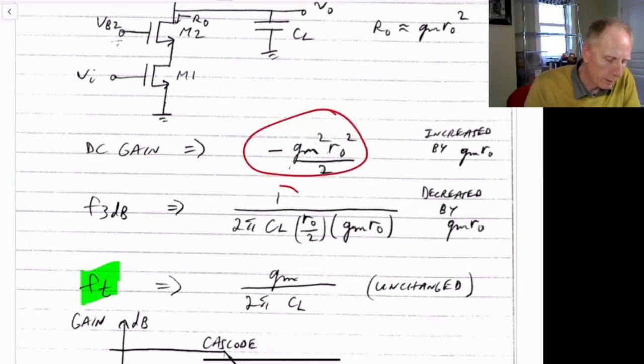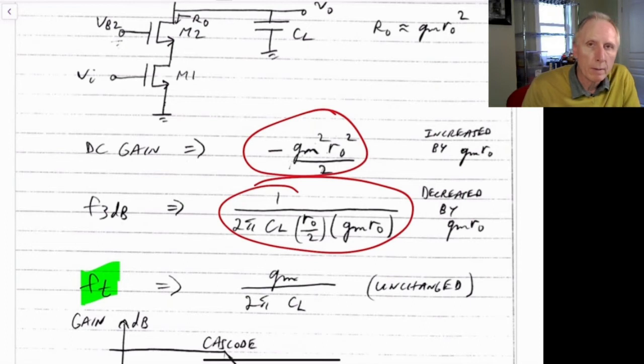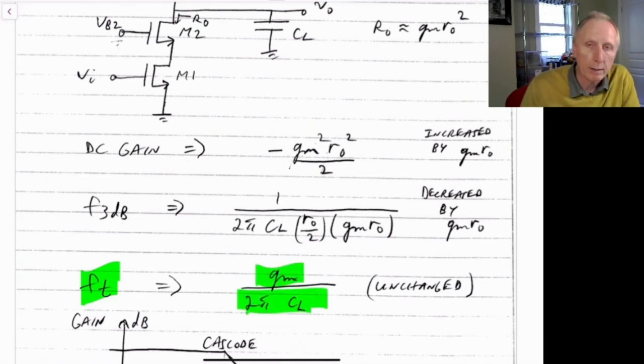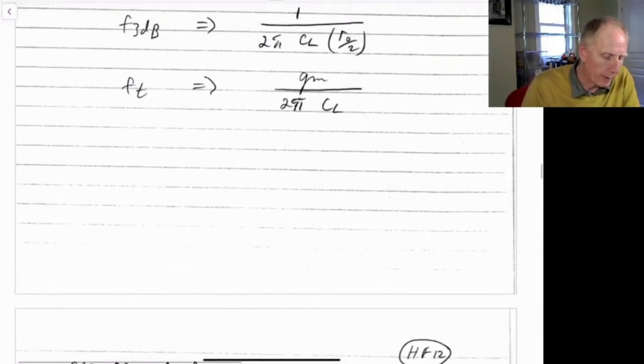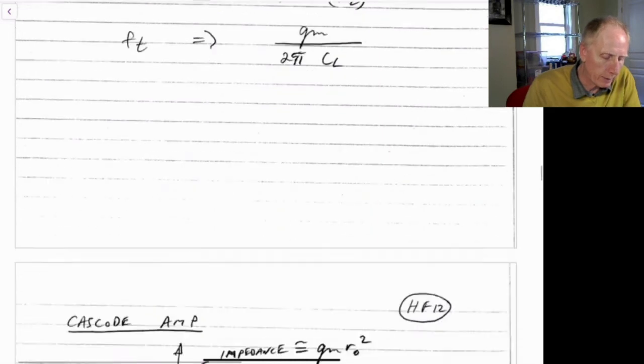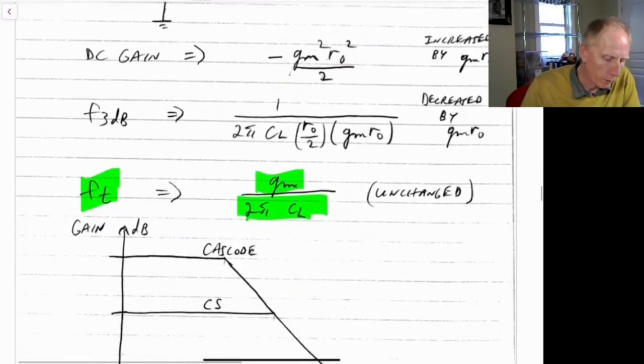We ignore the negative sign because we just multiply the magnitude of the DC gain times the 3 dB frequency. That gives us our unity gain frequency, which works out to be just gm divided by 2 pi CL. If we go back and look at the previous case, it's exactly the same, so it's unchanged.